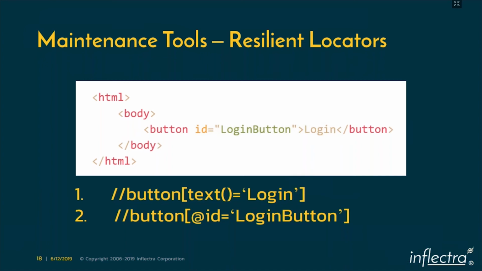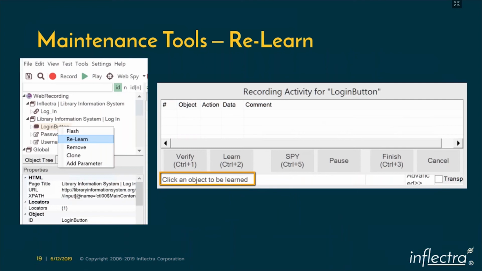If developers change the name of the button, then the first locator displayed here will no longer be valid, so it will be broken. However, if we are binding to the ID of the button, login button, then changing the name of the button has no effect on the test, and the automation tool will find this element during playback. So we can call this second variant a resilient locator.